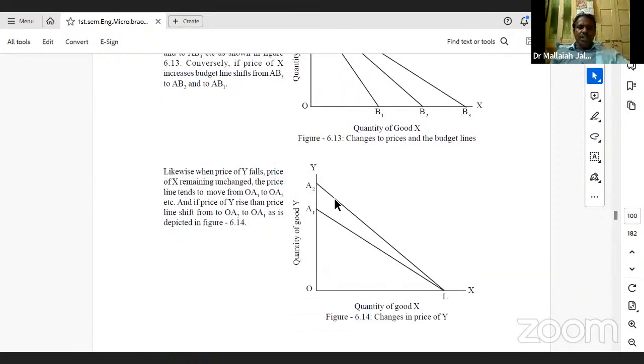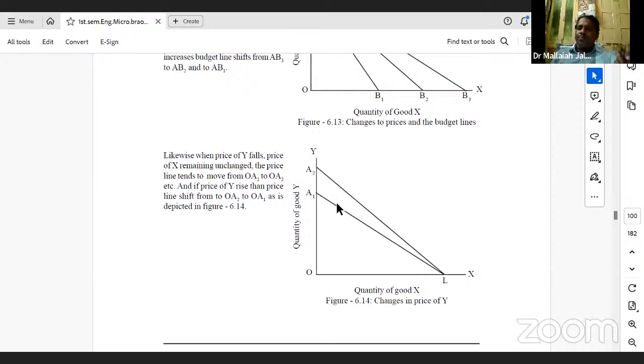Then this is another case: when the price of Y falls, X remaining constant. Y commodity price decreases, X remaining constant. If the price of X commodity is constant and the Y commodity price is decreasing, the consumer gets more commodities.